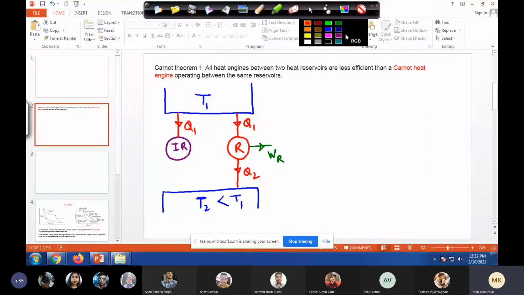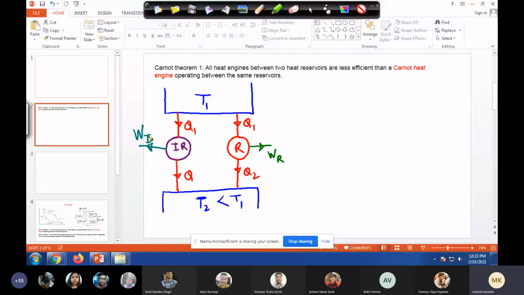And it will reject some heat which we don't know. We will say it Q, and the work which we are getting is W irreversible. Okay.